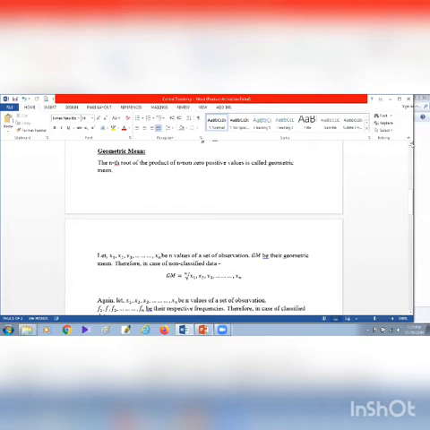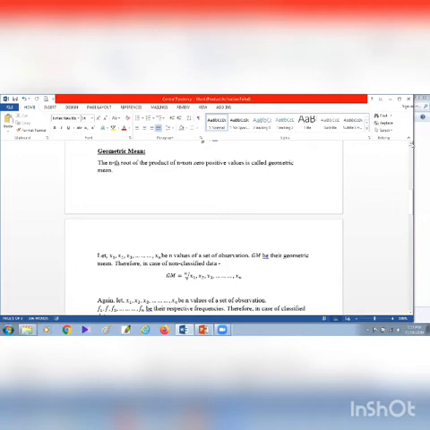That is why, to determine geometric mean, the set of data must be non-zero positive values. Now, what is geometric mean? The nth root of the product of n non-zero positive values is called geometric mean.